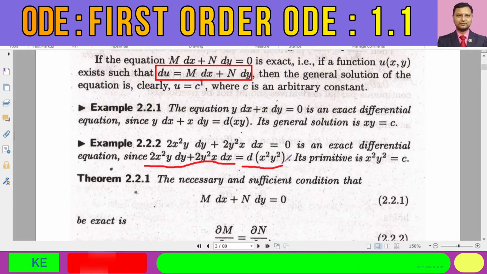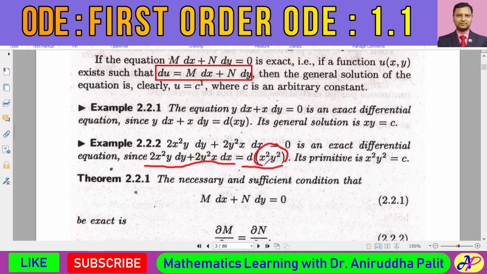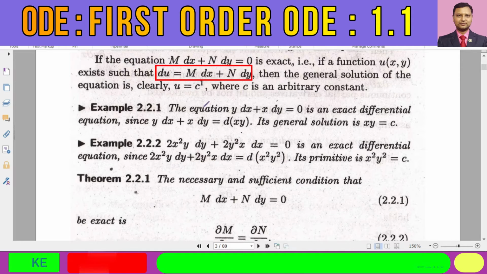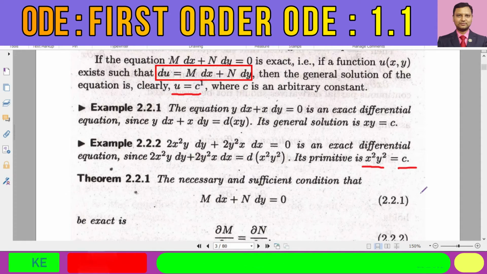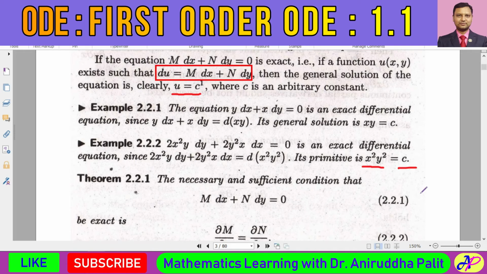Then what is u? u is equal to this expression x square y square. So what will be the solution? The solution is u is equal to some constant. That's why the solution can be written as u is equal to the constant c.